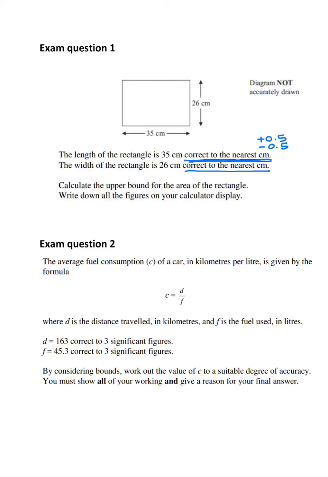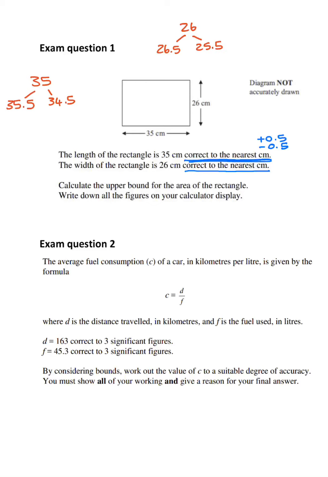The upper bound of 35 will be 35.5 because I add half a unit on, and the lower bound would be 34.5 because I subtract half a unit. And 26 would be the same, add half a unit on and subtract half a unit. So those are the upper and lower bounds.